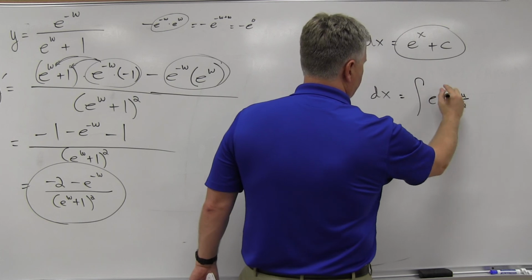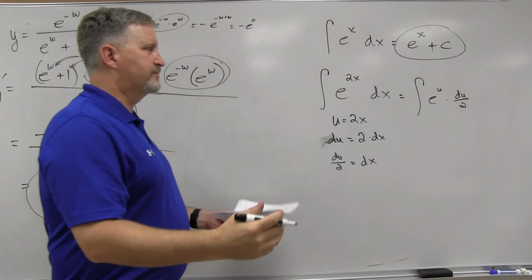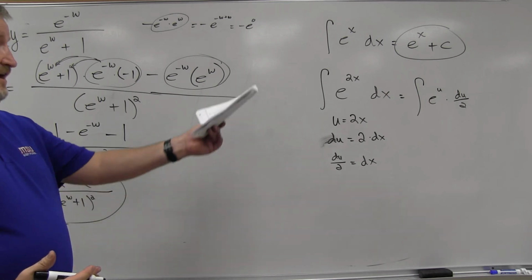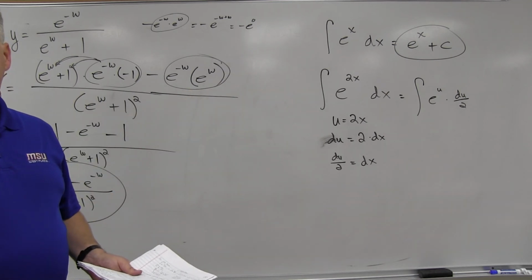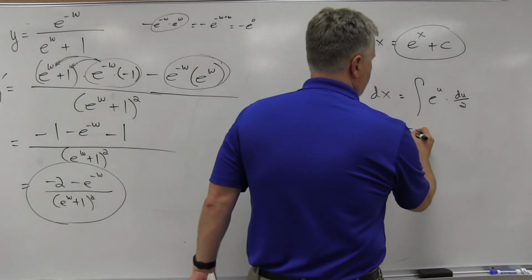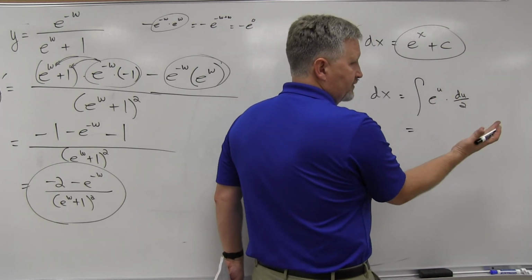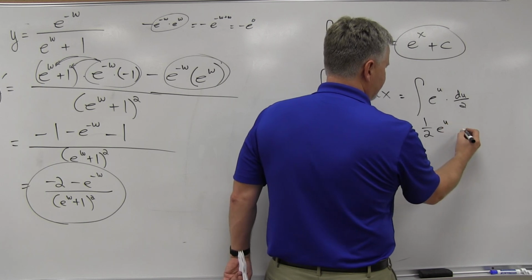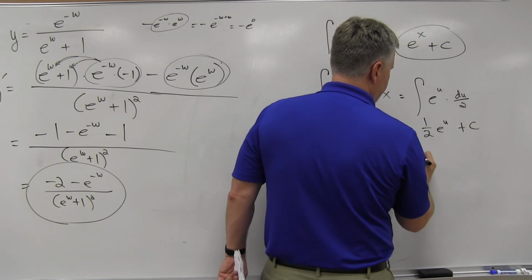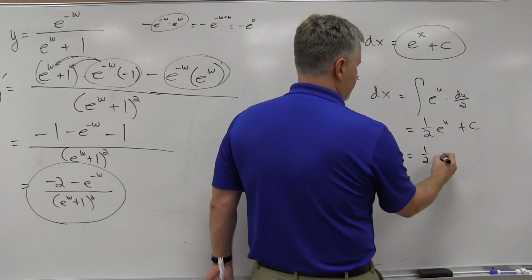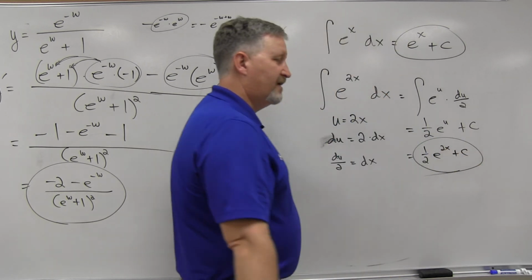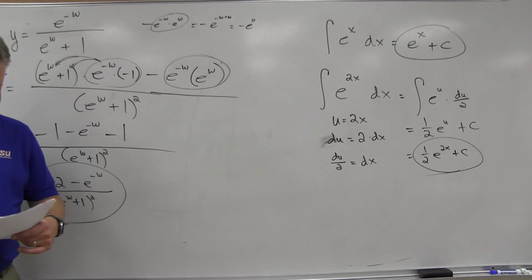That's why I call it kind of simple substitution, because really all it amounts to is we have a factor of a half there that we didn't have in the previous one. You see what I'm saying? Well, it's 1/2 e to the u. Antiderivative. And then just change back the u to 2x. Yes? Okay.